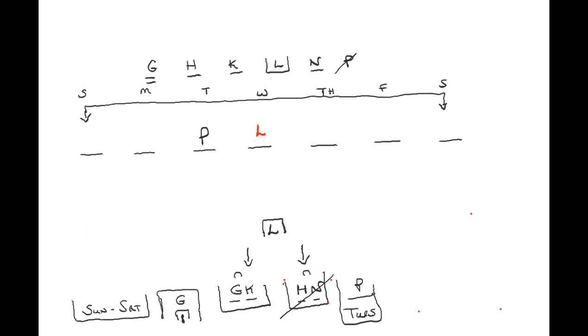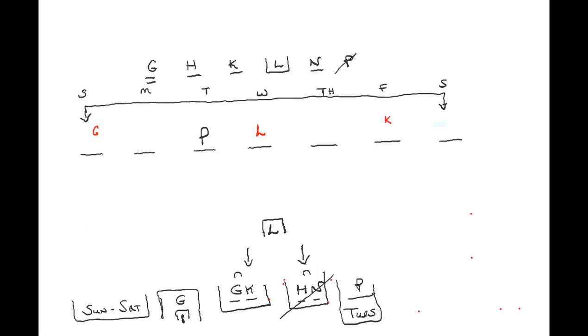Could it be true that G is Monday? Well, you got to go through this kind of quickly. If G is Monday, then K is Saturday. I put G on Sunday instead of on Monday.